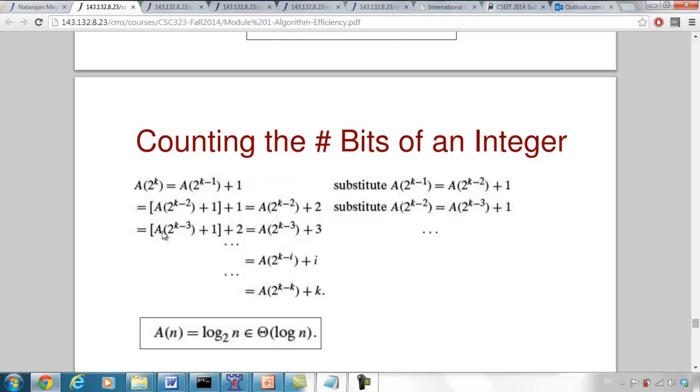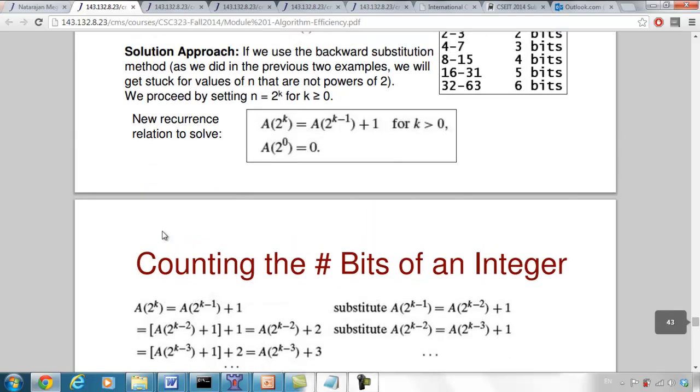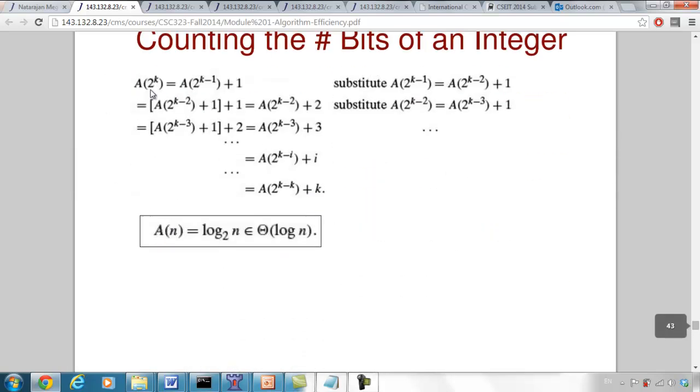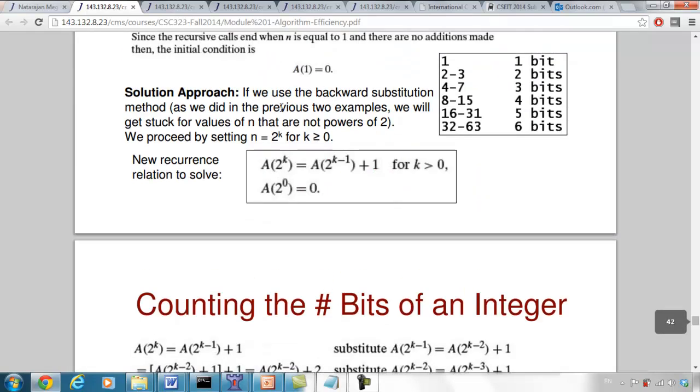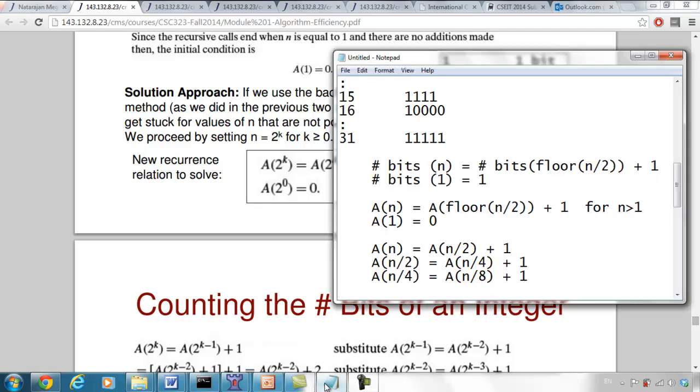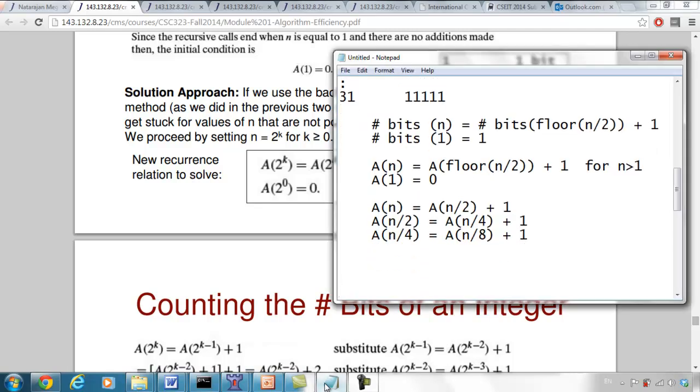But we know n is 2 to the k, right? So we can replace 2 to the k with n. So I can say a of n is essentially k. But if n is 2 to the k, we can introduce a logarithm. So if n is 2 raised to k, I can take the logarithm on both sides with the base 2.